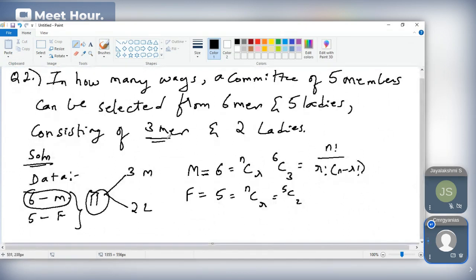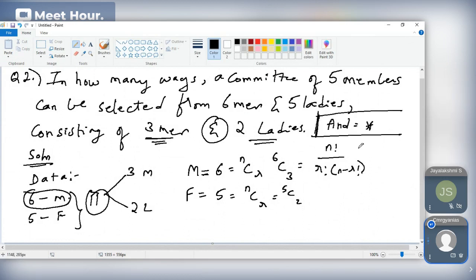Now, here the question is they're taking 3 men and 2 ladies. Remember, wherever and comes, it is multiplication. Wherever or comes, it is addition. Just remember this.